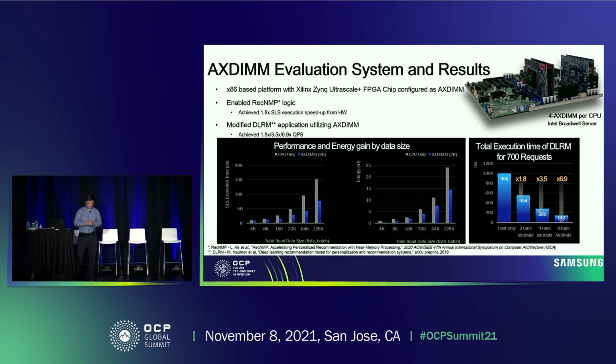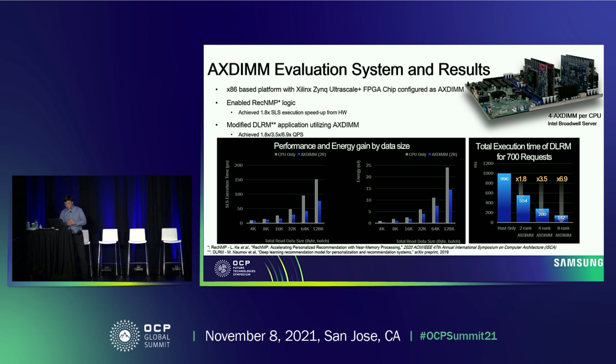The initial evaluation platform that we use, again, is a Xilinx FPGA. So we got these ginormous memory modules with an FPGA in there acting as the AXDIMM data buffer that captures the data, does the processing, and then moves the data back to the memory devices without a lot of tightly coupled interaction with the host CPU.